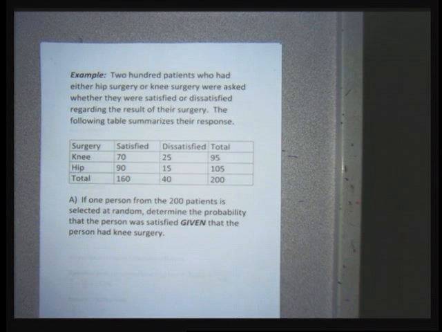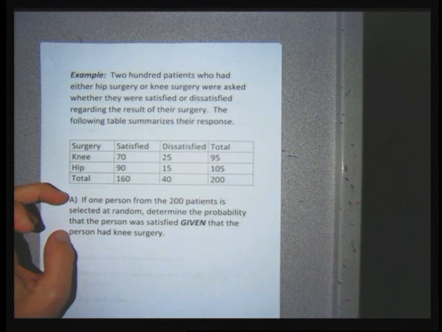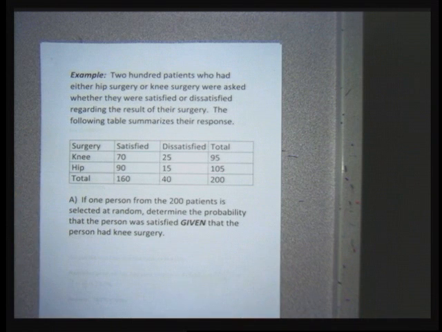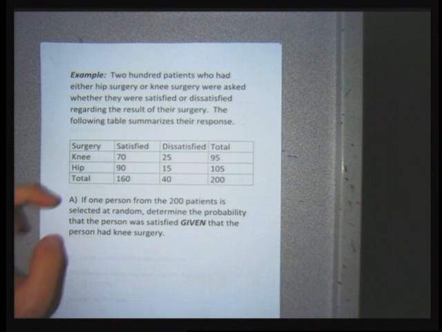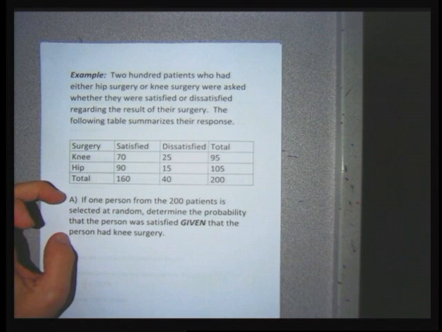So they're just guesses. So as I read through my question right here, I'm going to attack this using the formula, and I'll show you what the formula is here in a second after I read the problem. If one person from the 200 patients is selected at random, determine the probability that the person was satisfied.